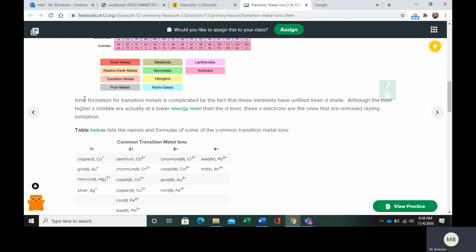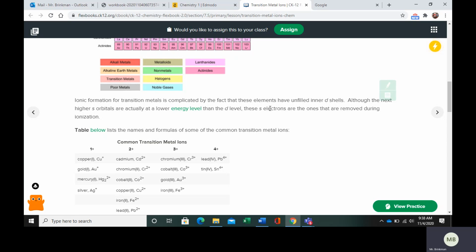The other thing that makes transition metals kind of tricky is they have unfilled inner d shells. If you remember, the higher s orbitals are actually at a lower energy level than the d level.